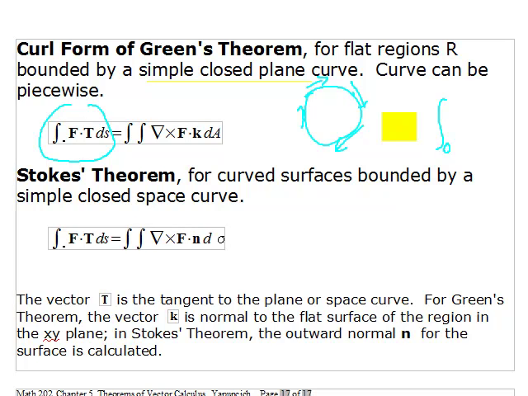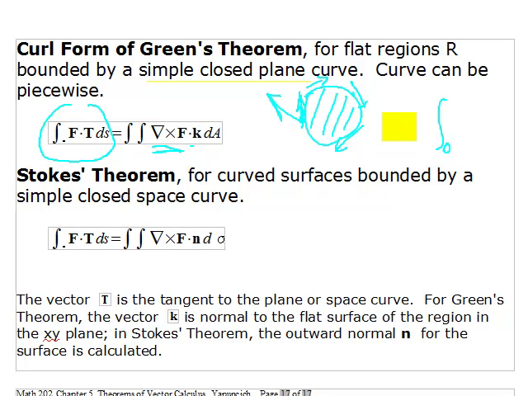So you look all the way around and you take F, this vector function, and dot it with the tangent in order to find the tangential component of it, and then you essentially add it all up as you go around. In Green's theorem, that is equivalent to taking the curl of F, then dotting it with k, being normal to the plane, and integrating over the inside area.